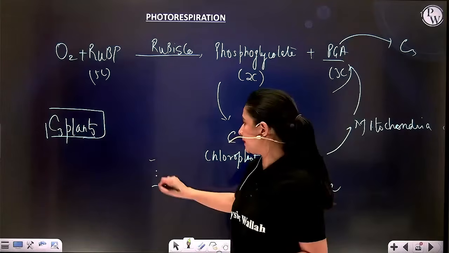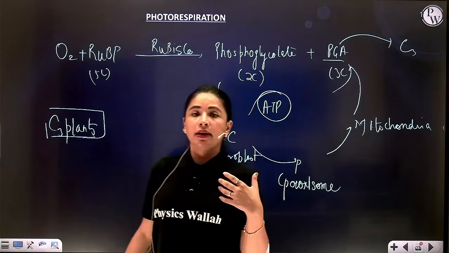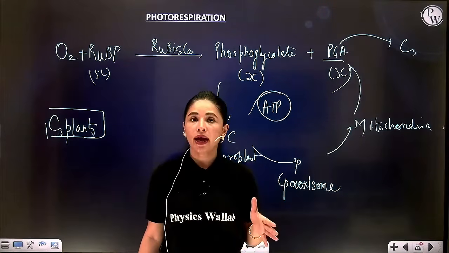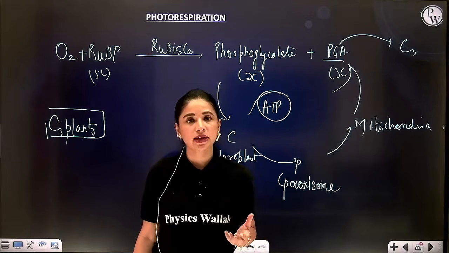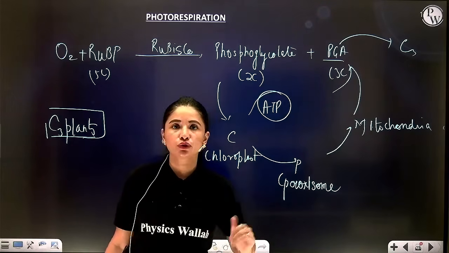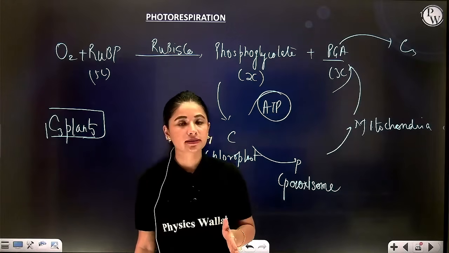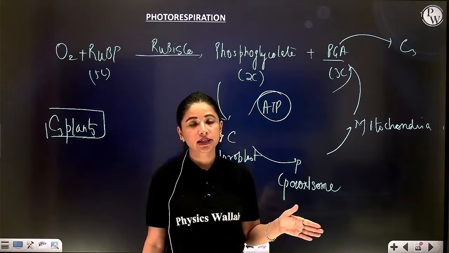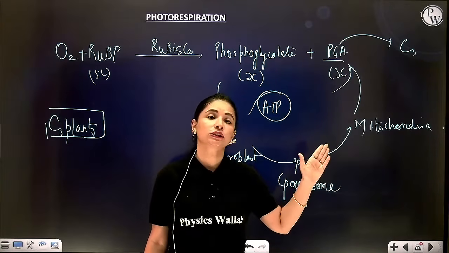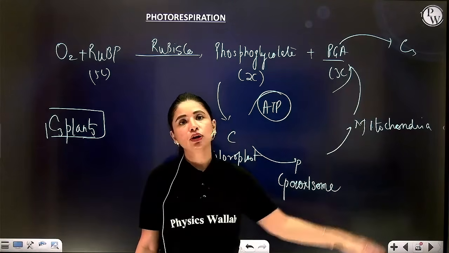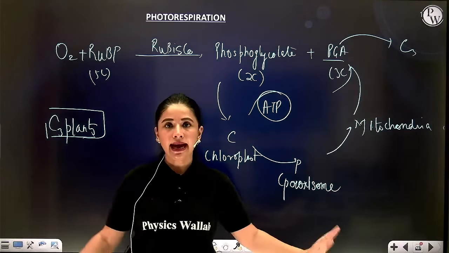Photorespiration is simply a wasteful phenomenon where the rubisco enzyme, instead of binding with CO2, binds with O2, and instead of producing two molecules of phosphoglyceric acid, produces a 2-carbon compound, phosphoglycolate, and one molecule of phosphoglyceric acid.